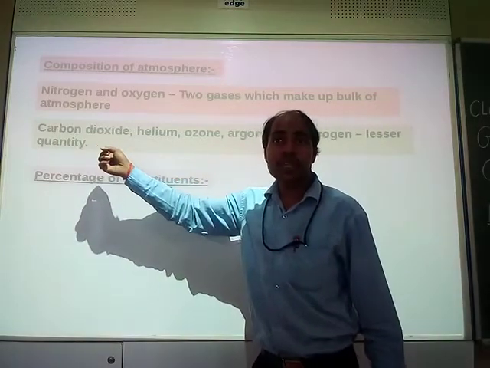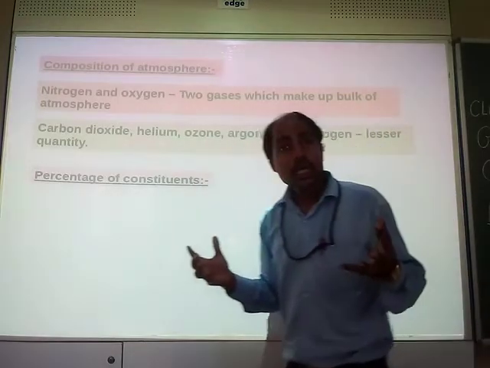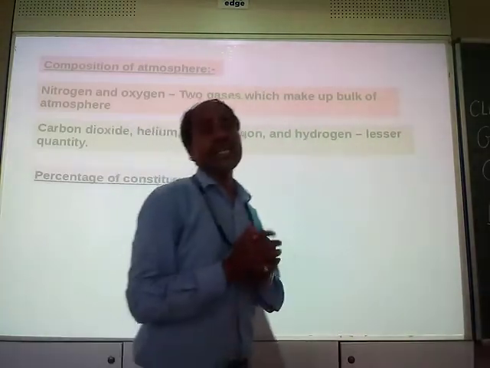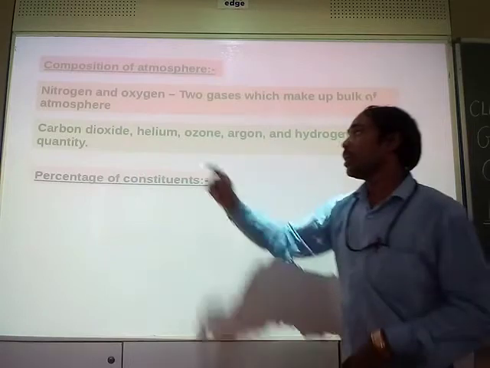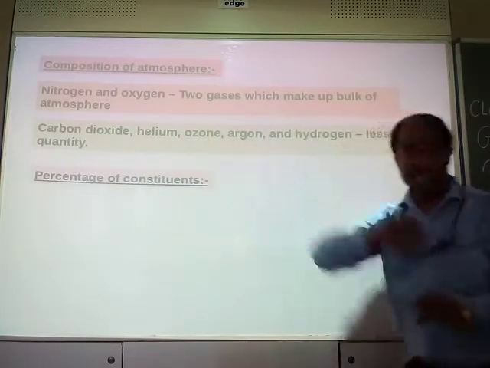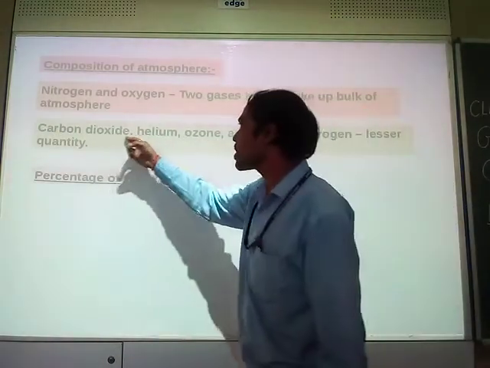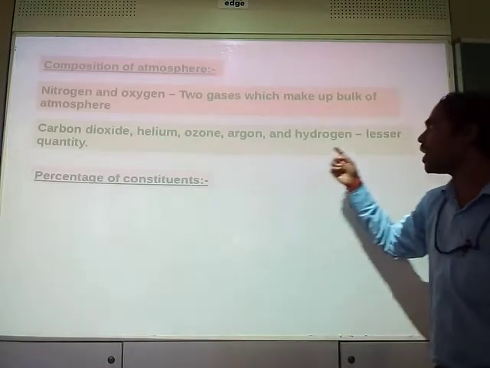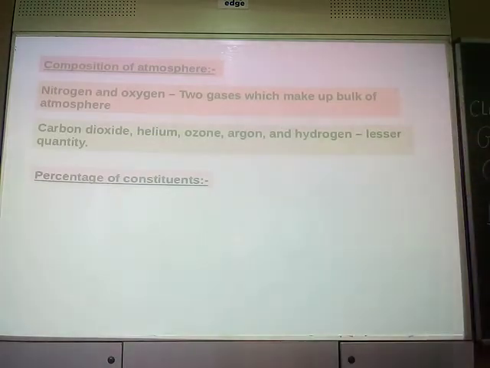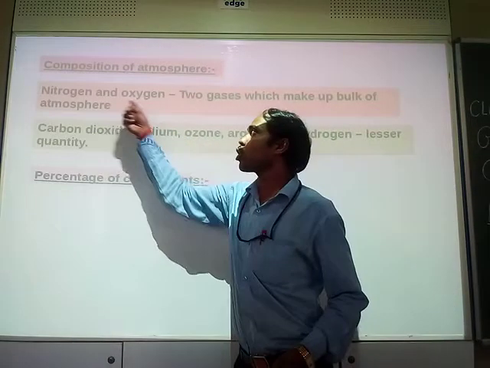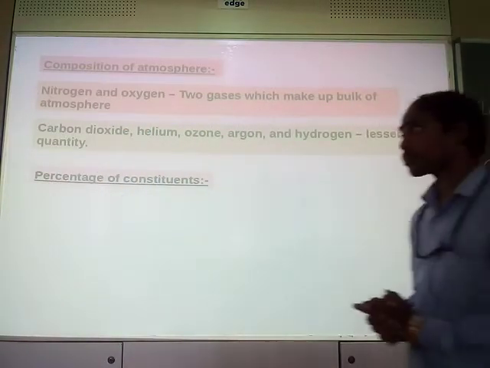And apart from that, these are the gases which are in lesser quantity, like carbon dioxide, helium, ozone, argon, hydrogen. So these gases are available in lesser quantity, whereas nitrogen and oxygen are in larger quantity. Okay, clear?